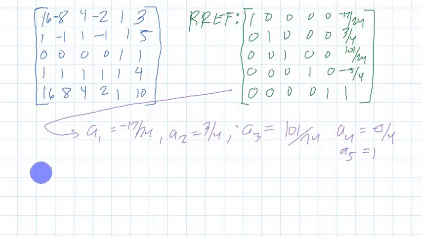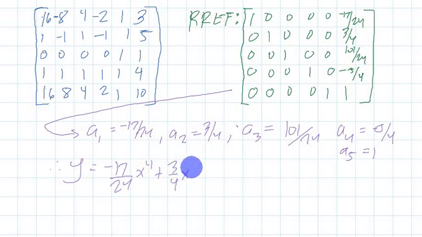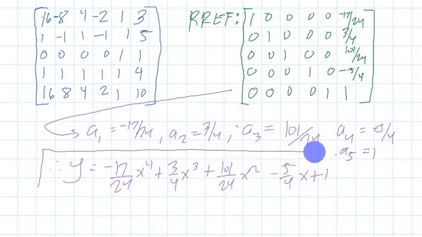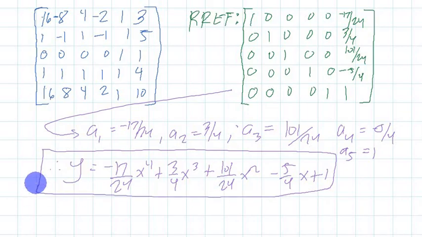Therefore, the polynomial function of the fourth degree that we're looking for would be y is equal to negative 17 over 24 x to the fourth plus 3 fourths x cubed plus 101 over 24 x squared minus 5 fourths x plus 1. And that is another example of polynomial curve fitting.